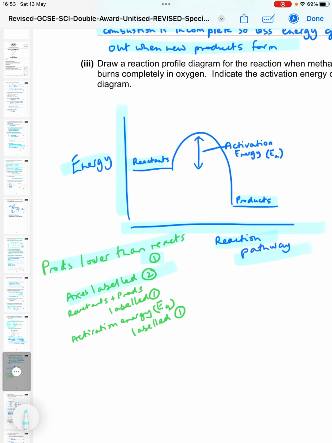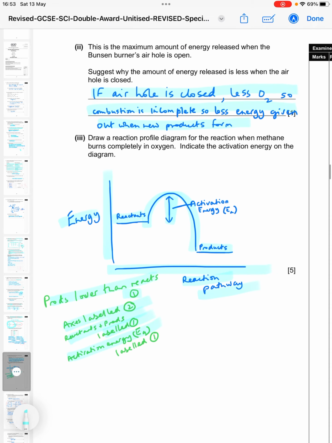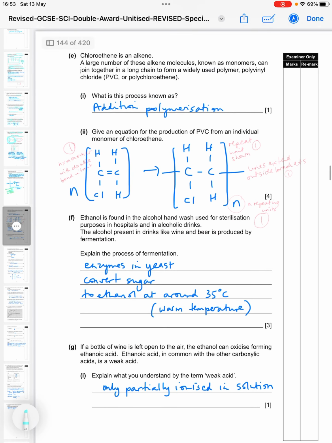So having here the products lower than the reactants gave 1 mark. Having the axes labelled was 2 marks. Labelling reactants and products was another mark. And then labelling the activation energy here was another mark. Okay, and then just drawing the reaction profile as expected. So 5 marks for that in total.